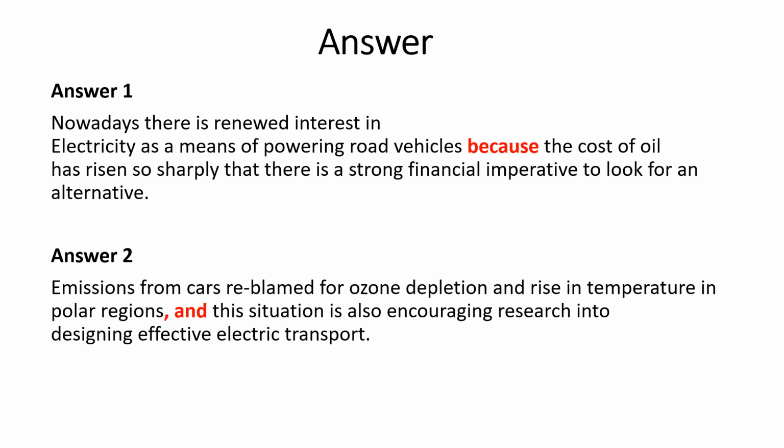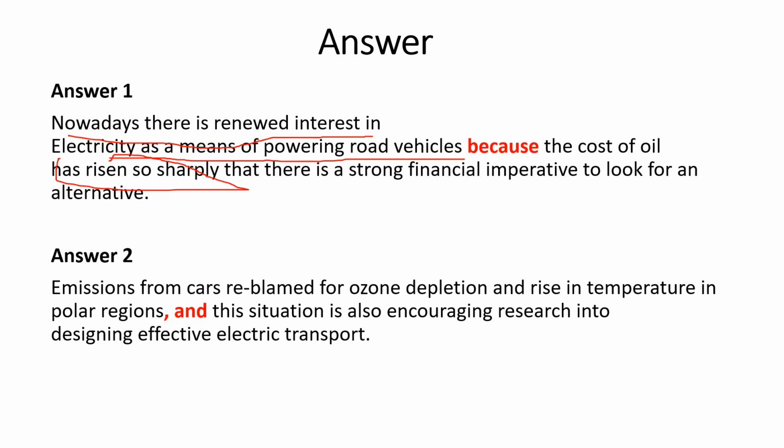Now if you read the passage, it is saying that nowadays there is a renewed interest in electricity as a means of powering road vehicles because the cost of oil has risen so sharply that there is a strong financial imperative to look for an alternative.